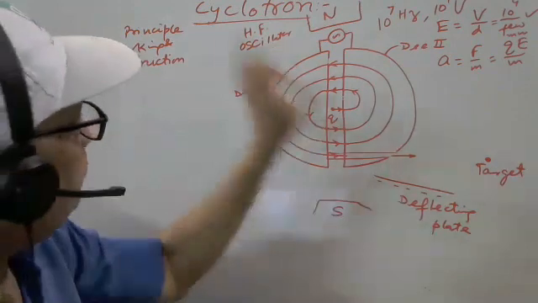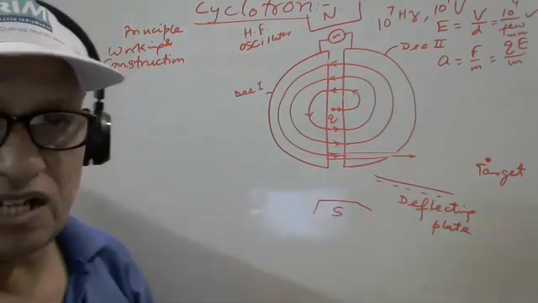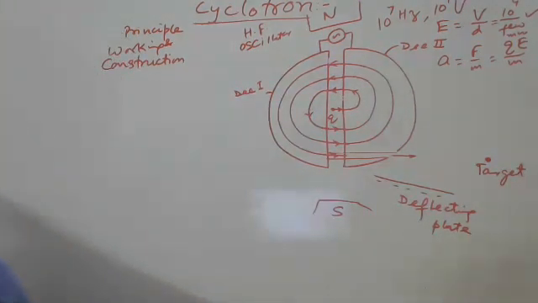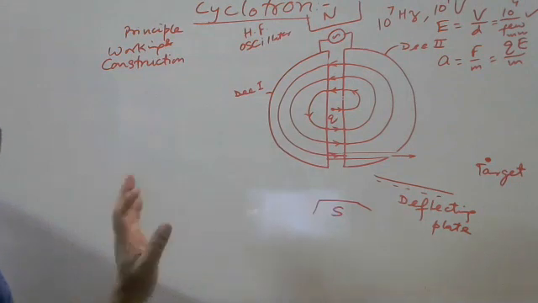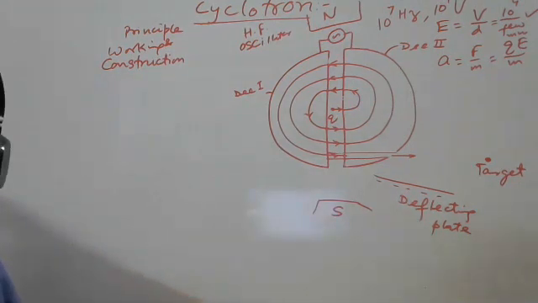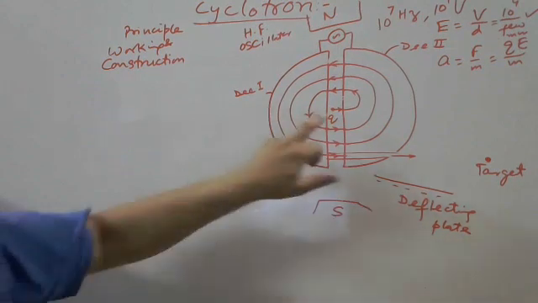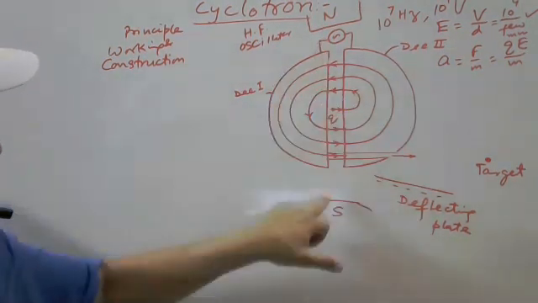So this is the working and construction of the cyclotron. There are many things we have to discuss, but mainly let us discuss again what a cyclotron is. A cyclotron is a device to increase the kinetic energy of a charged particle. And what is the principle here? The charged particle is passing through the electrical field in the gap.